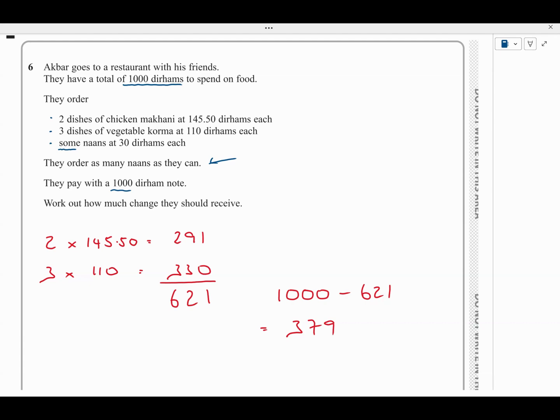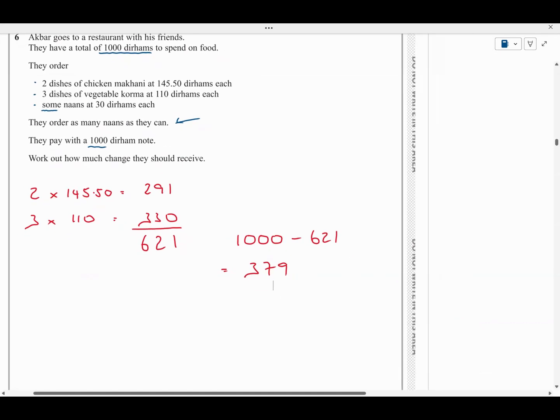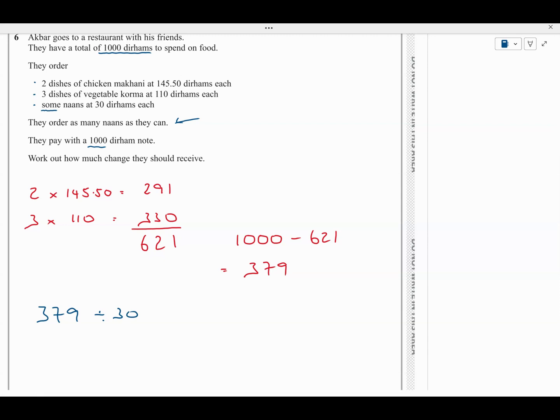How many naans can you buy? 379 dirham. Well, how much is a naan? 30. 379 divided by 30. They can buy 12 and a bit naans, so 12 naans, can't they? So they're going to buy 12 naans. They can't buy a bit of a naan. So I wonder how much money they'll have left.